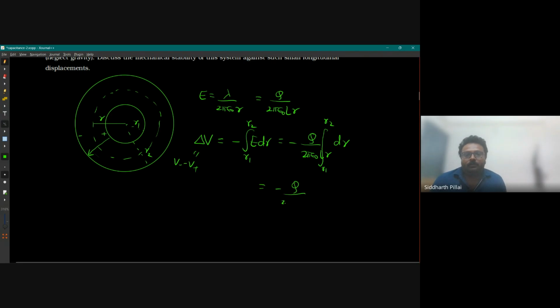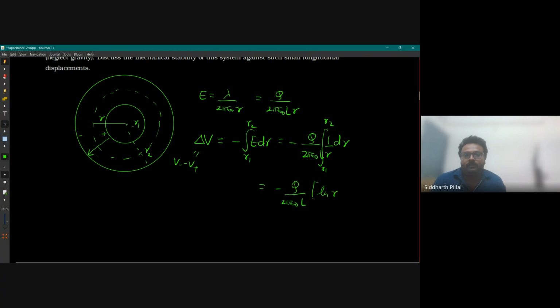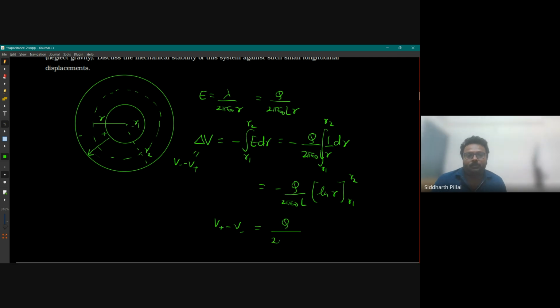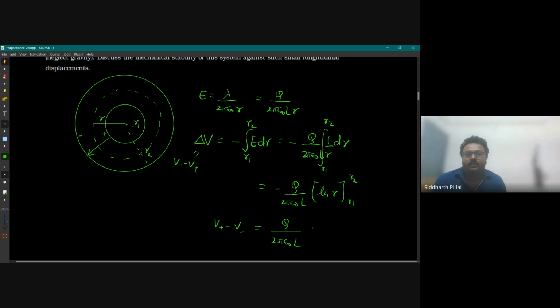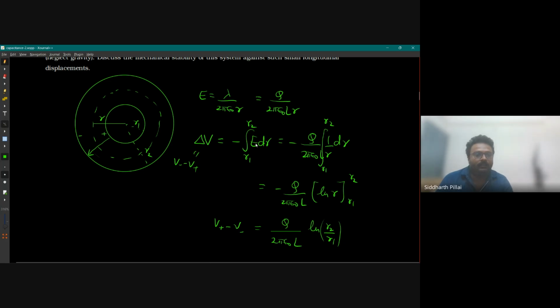Minus Q by 2 pi epsilon naught L, and the integral of 1 by R is ln R. Plugging the limits gives me R1, R2. Writing V plus minus V minus and getting rid of this minus sign, we get Q by 2 pi epsilon naught L into ln of upper limit minus lower limit, which gives R2 by R1. I hope this is clear to everyone. Just integrate the field to get the potential difference.